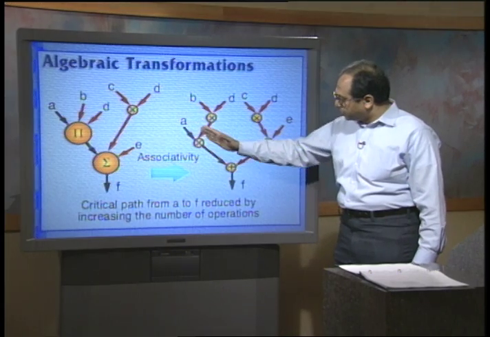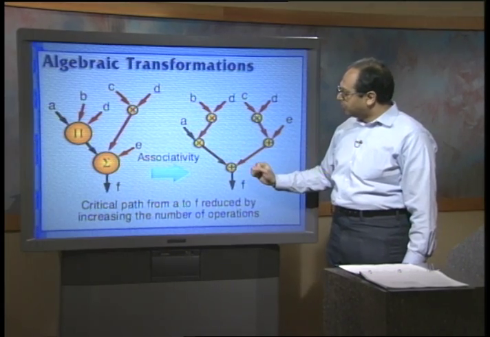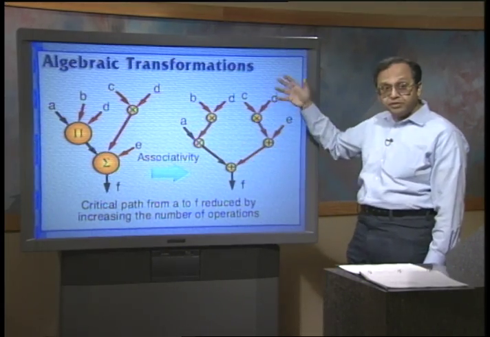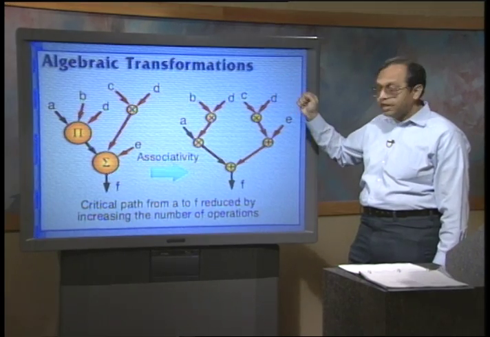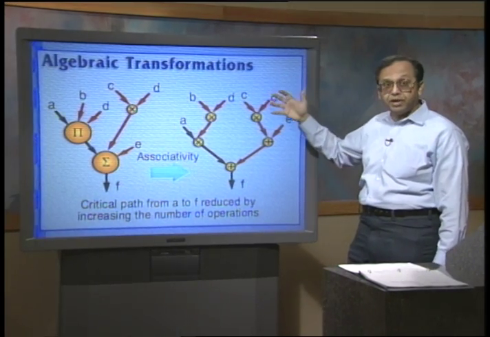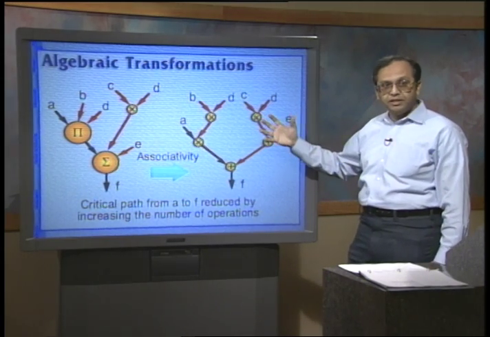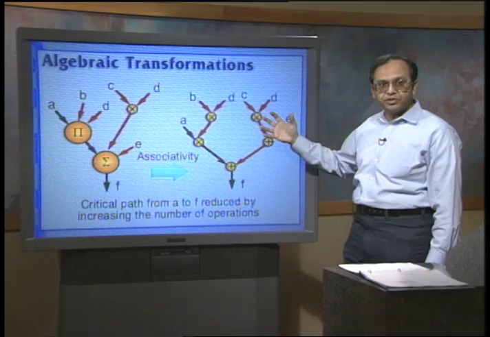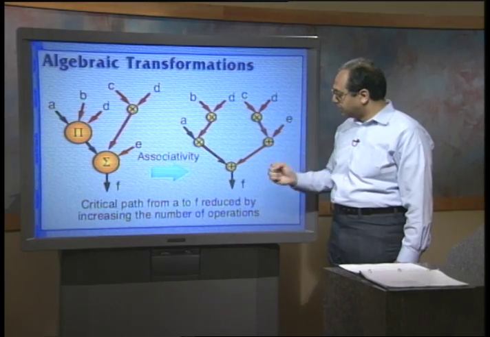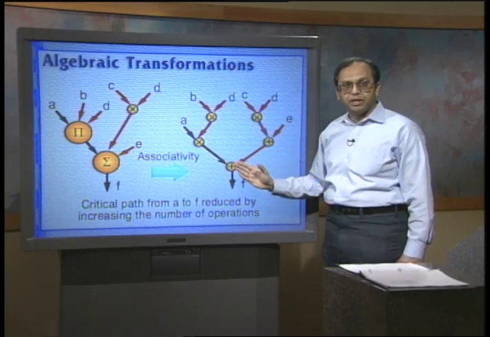Notice that this critical path reduction was at the expense of increasing some other computation path. And presumably that path was not as important. Also, notice that we added an additional addition operation into this computation so as to be able to reduce the critical path length.